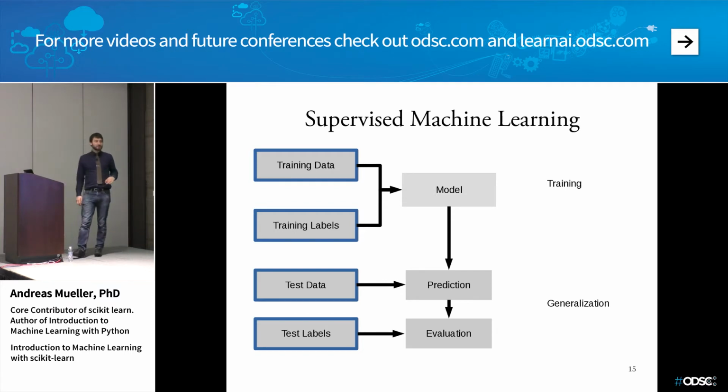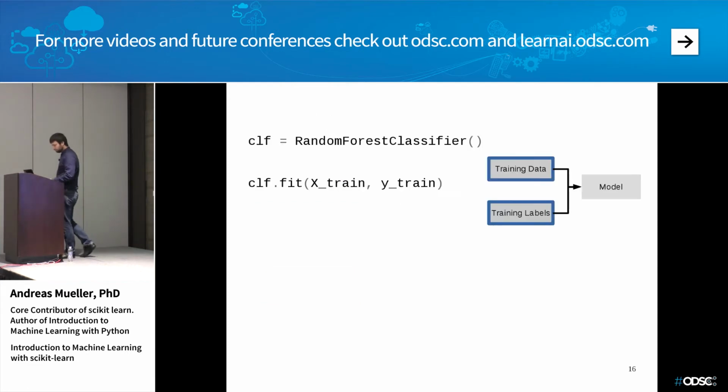And there's 2 phases. There's the training of the model, and there's applying the model to new data, or generalization. And here's how this corresponds to the scikit-learn API. The API for all models in scikit-learn is basically the same. You always start by first defining the model that you want to use. They're all implemented in Python classes. So for example, let's say I want to use a random forest classifier.